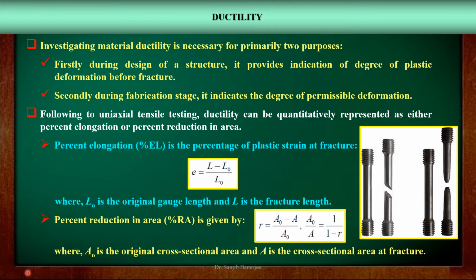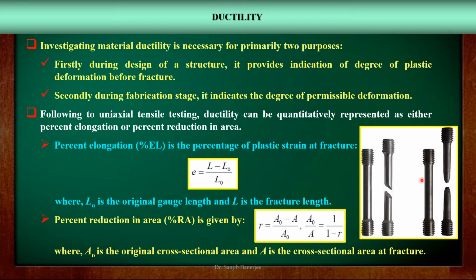Here A naught is the original cross-sectional area of the gauge length and A is the cross-sectional area at the point of fracture. From this equation, we get a ratio of A naught by A, which is equal to 1 by 1 minus R.